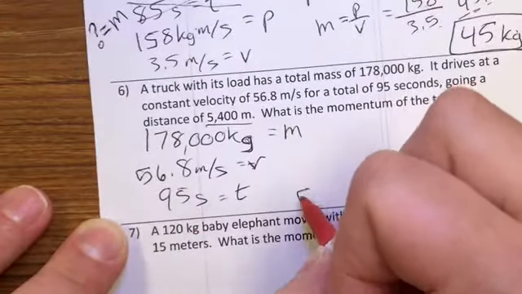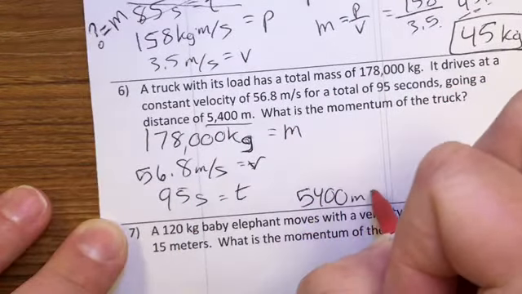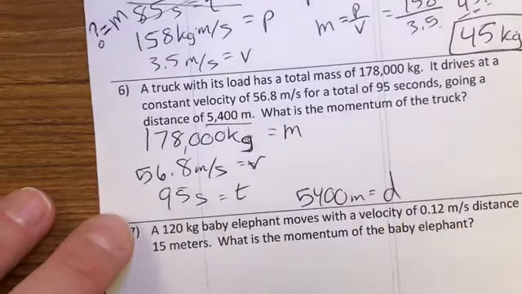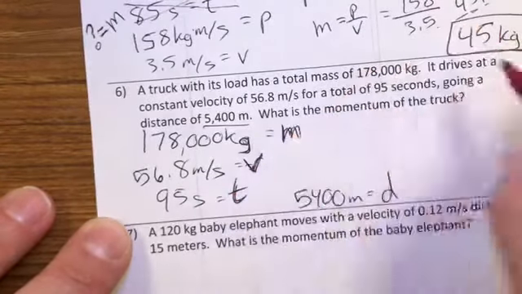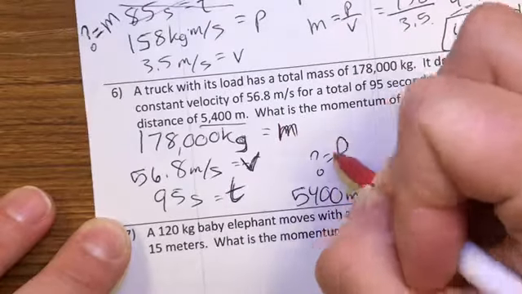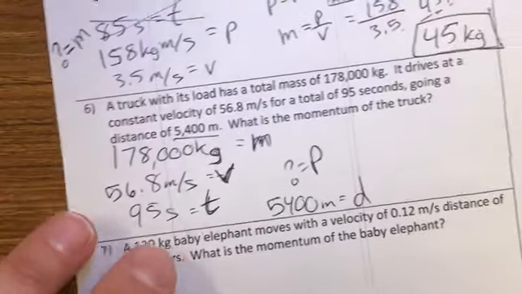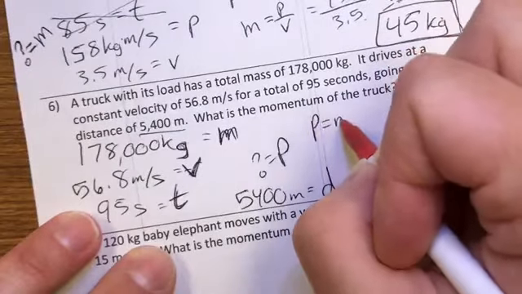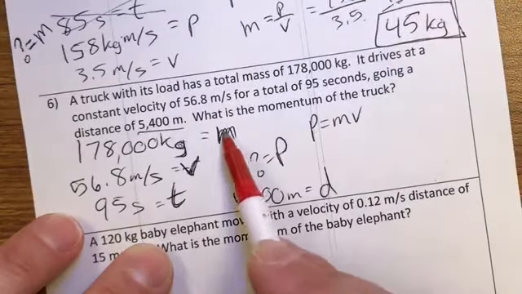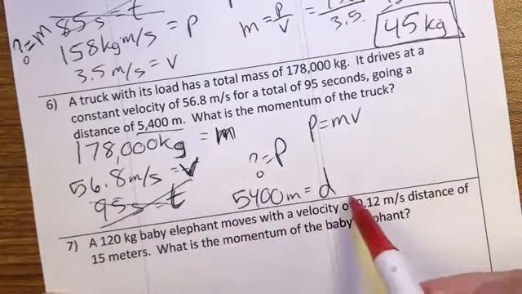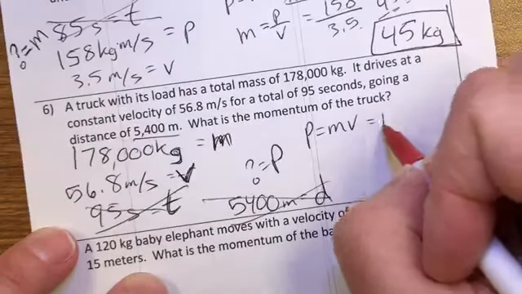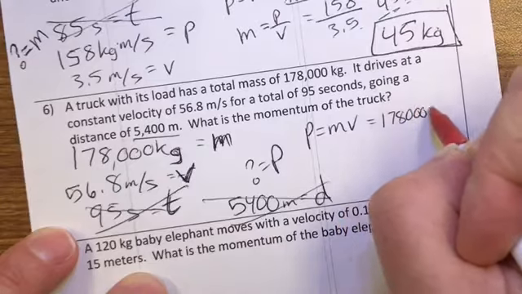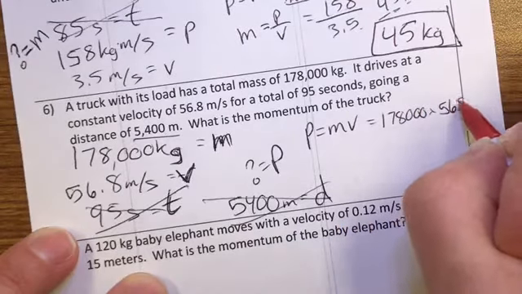Distance, I didn't say that, 5,400 meters is the distance traveled. And it asks, what is the momentum of the truck? Well, the formula for momentum is mass times velocity. I have mass, I have velocity. The time and the distance are unnecessary extra information. Multiply my mass times the velocity.